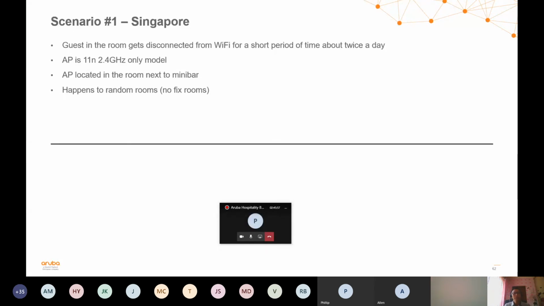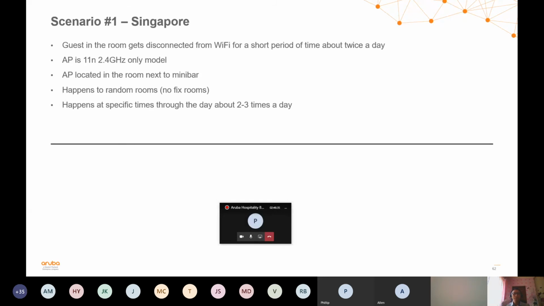All right, so to me, when I get this sort of information, there are a few things that I want to investigate. I want to investigate how the channels are assigned. I want to investigate if there's any possible external interference. I want to understand which rooms the complaints are coming from, and therefore relate to those APs and what channel they're operating on.